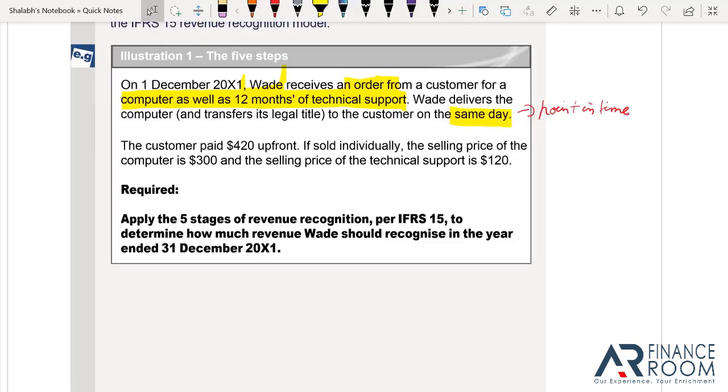If sold individually, the selling price of the computer is $300 and that of technical support is $120. Now what is required? Apply the 5 stages of revenue recognition as per IFRS 15 to determine how much revenue Wade should recognize in the year ended 31st December 2011.